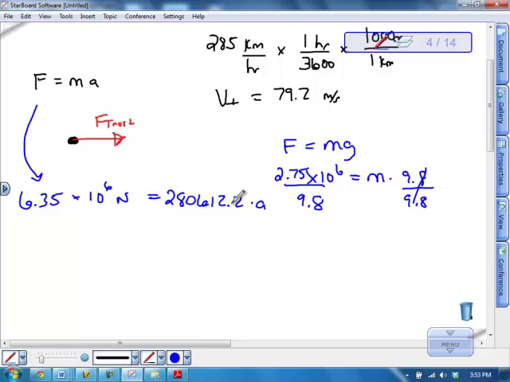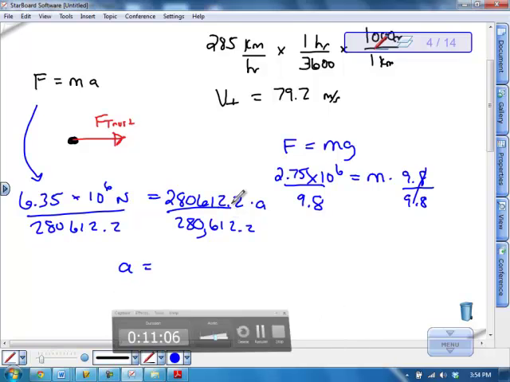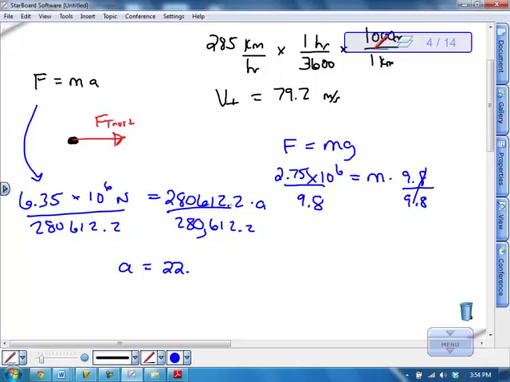If I divide both sides by that 280,612.2 kilograms, then I'll get my acceleration in meters per second squared, which is about 22.6 meters per second squared for the acceleration that this plane is able to accelerate at.